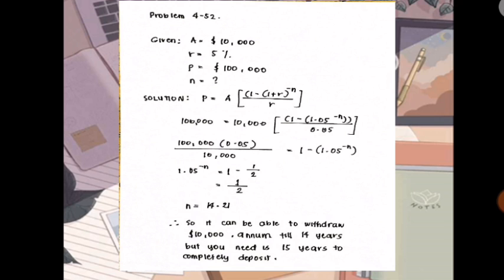So 1.05 raised to negative n is equal to 1 minus 1 half. So 1 minus 1 half is equal to 1 half. So n is equal to 14.21. Therefore, you are able to withdraw $10,000 for 14 years, but you need 15 years to completely deplete the deposit.